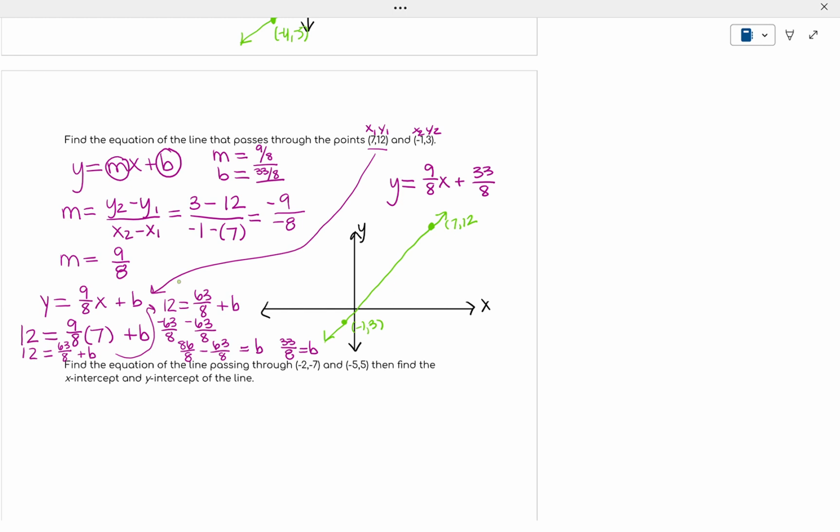And this line is what we just found. If we plotted this on Desmos, this would be y equals 9/8 x plus 33 over 8. So this is the solution.